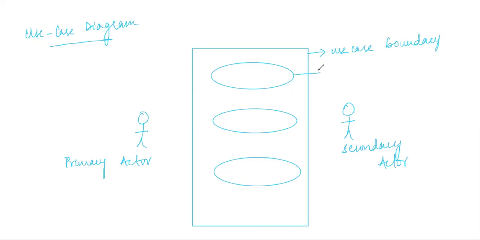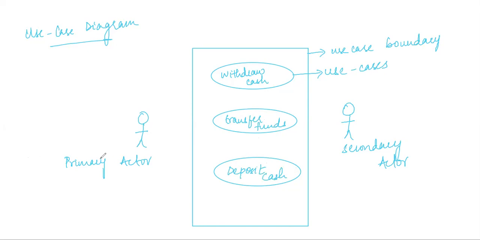Now these oval shapes are called your use cases. Within these use cases, the first task is withdraw cash. The second is transfer fund. Then the third one is deposit cash.